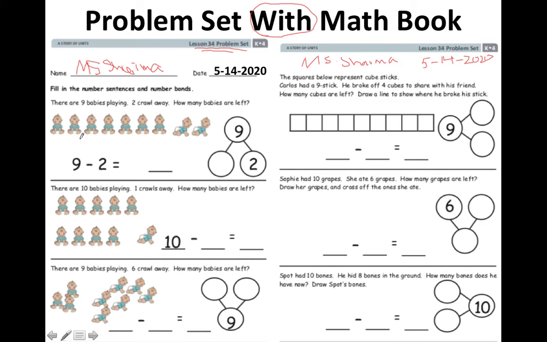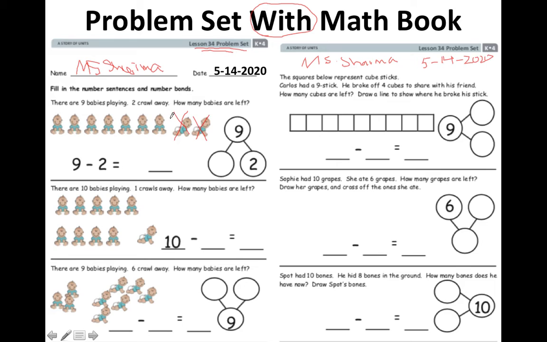So as you can see, we have a picture of 9 babies, and the picture shows 2 babies crawling away. And the number sentence goes 9 minus 2 equals blank. Again, 9 minus 2 equals blank. So let's count. Since 2 of them crawled away, let's put an X next to them because they left.